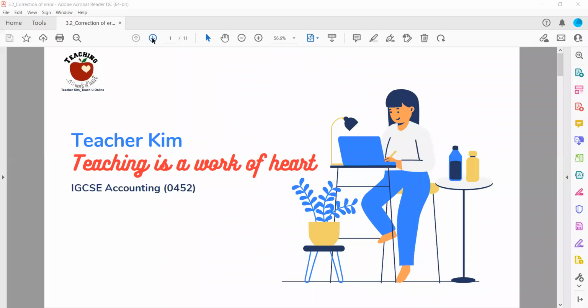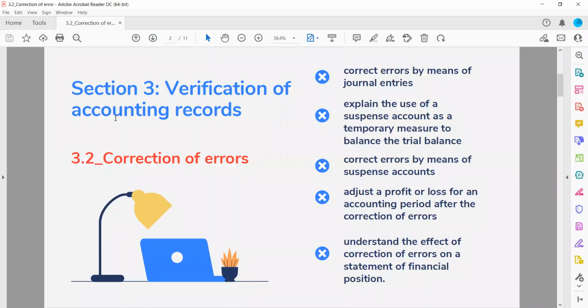Okay, we're going to do the next section, section 3, verification of accounting record. And this is chapter 2, correction of the error.